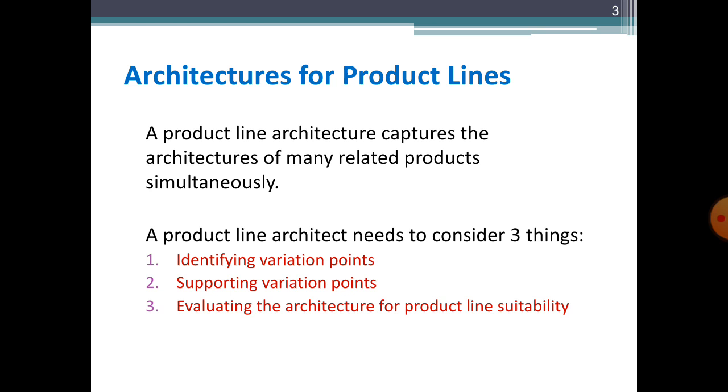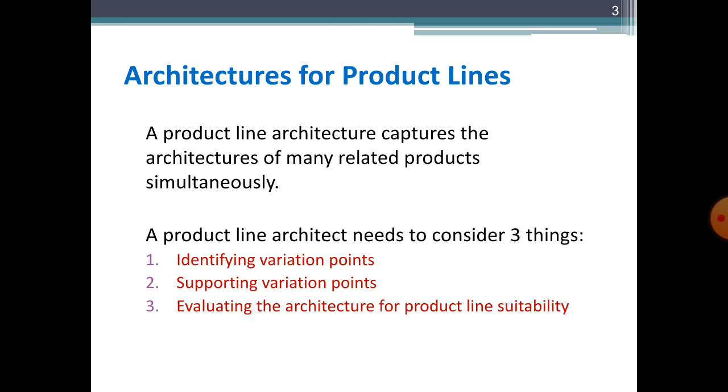Identifying the variation points means variation should be discovered during the requirement process, which can be features like user interfaces, qualities, and target markets, etc. Other variation points could be discovered during the architecture design. So we can say that variation points can be discovered during two stages: the requirement process and the architecture design process.